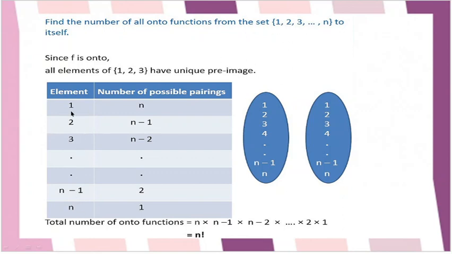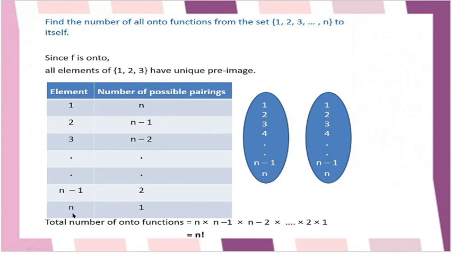For 1, how many possible pairings are there? n. 1 can be mapped with n numbers: with 1, with 2, with 3, with 4, with 5, up to n. For 2, 1 has already been mapped with some number. So for 2, how many possible pairings are there? n minus 1. Same way for 3, n minus 2.